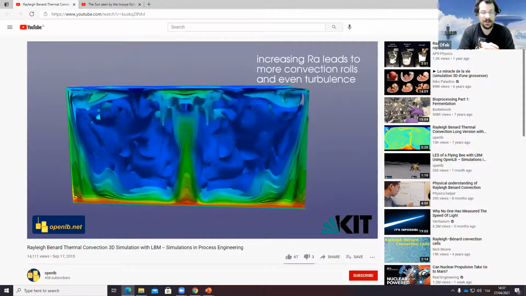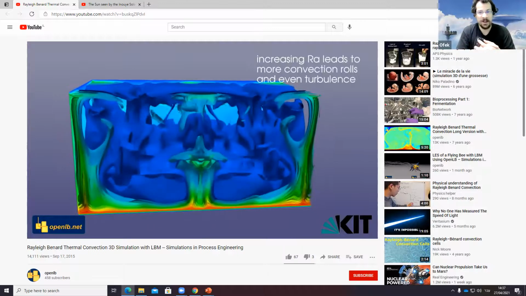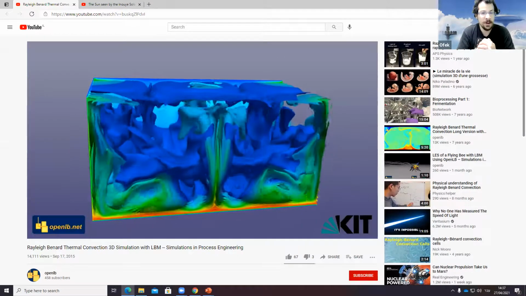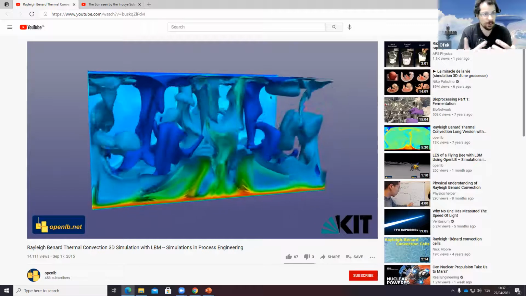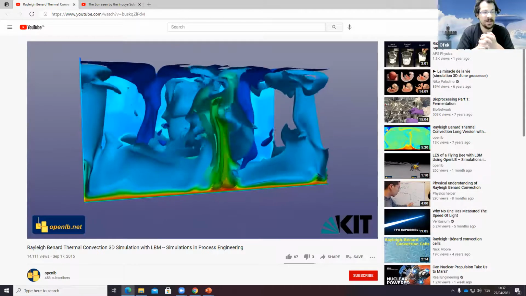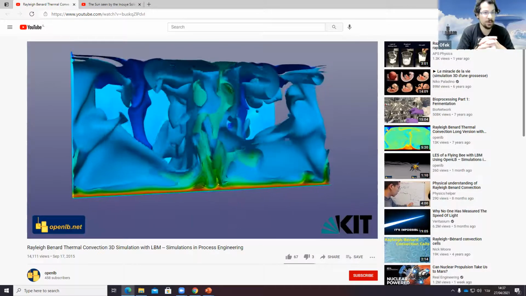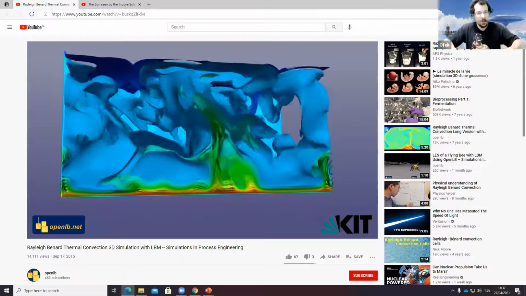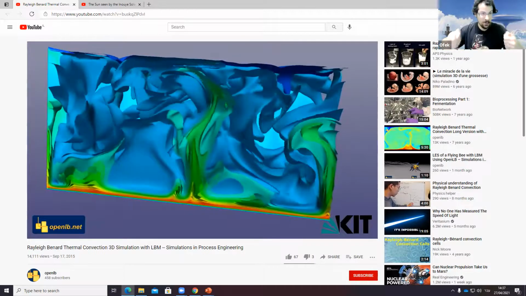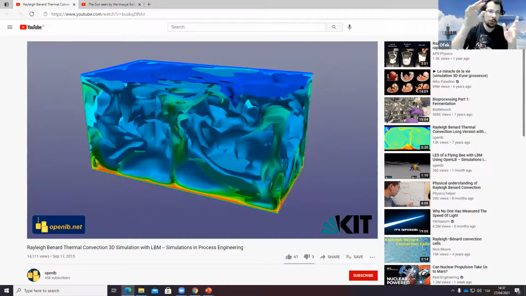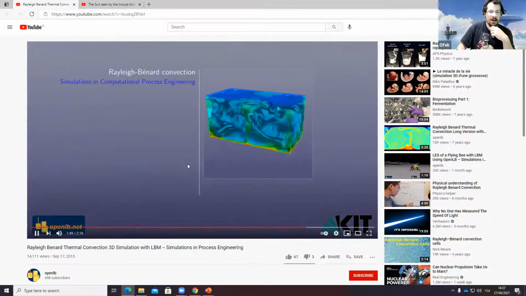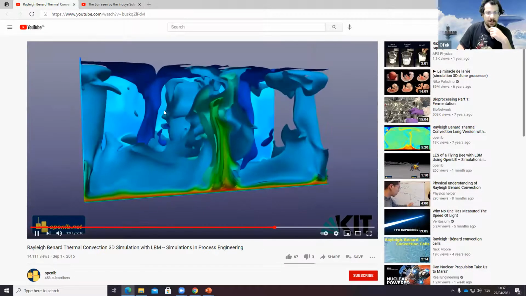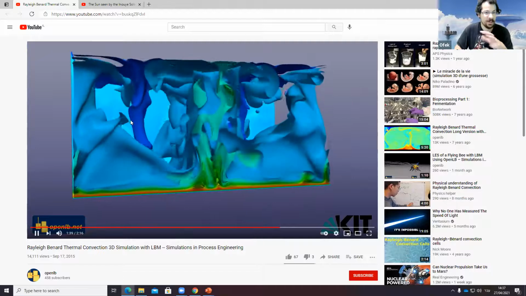This is an example with even more changing a hydrodynamic parameter, which makes this an even more prominent motion, random motion, unstable motion, and even turbulent motion of hot matter rising up, taking heat with itself, going up, cooling off, and then coming back down. So this is a very efficient way of both transferring heat and matter. This is convection.